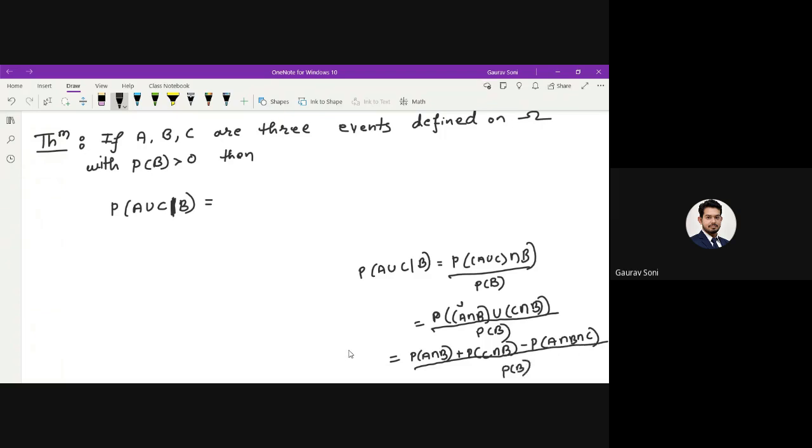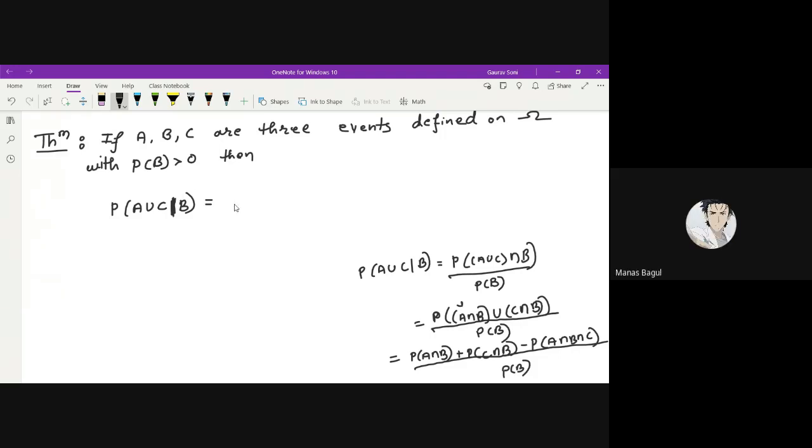Separate the denominator. What will be the first term? It's not so difficult. Not that way.